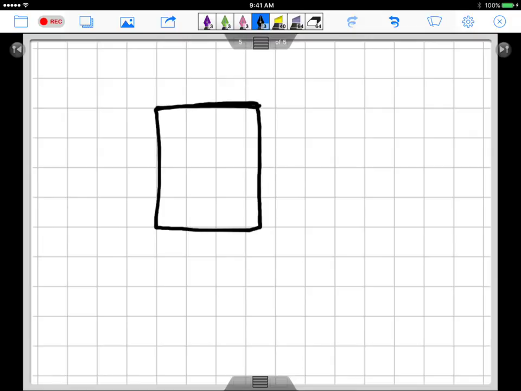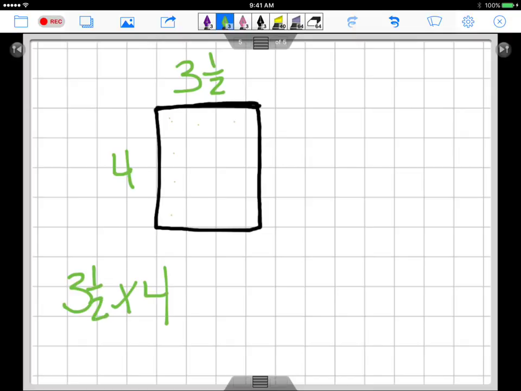So we're going to act like these are 1/2. So right here I've got 1, 2, 3, and 1/2 by 1, 2, 3, 4. So now my expression would be 3 and 1/2 times 4 equals something.